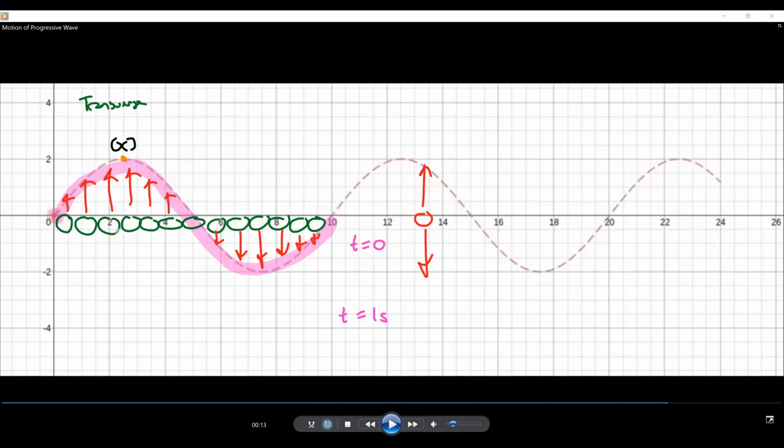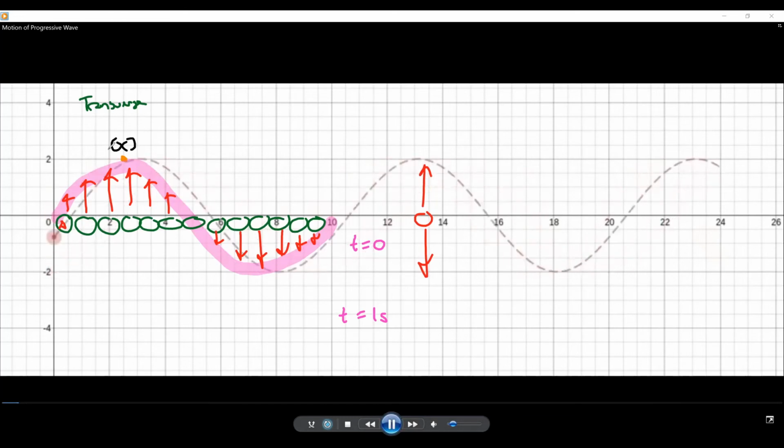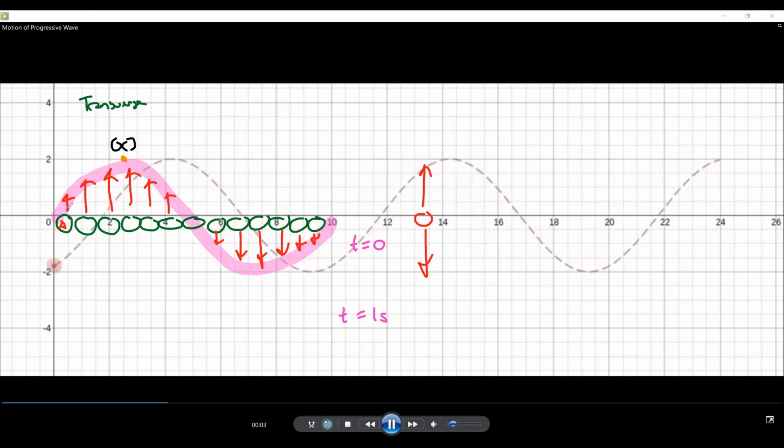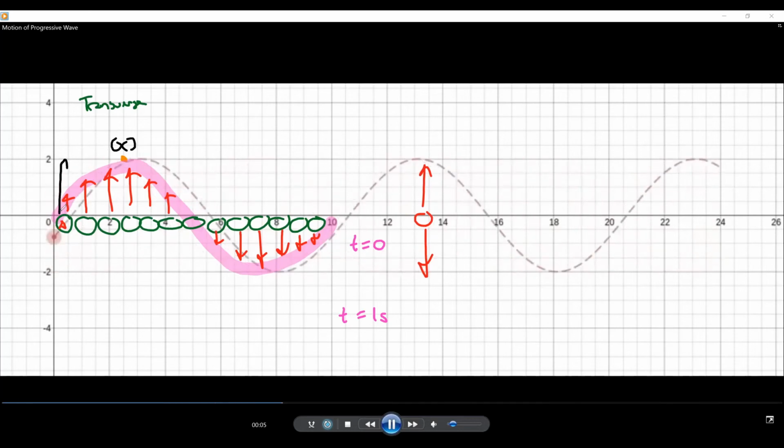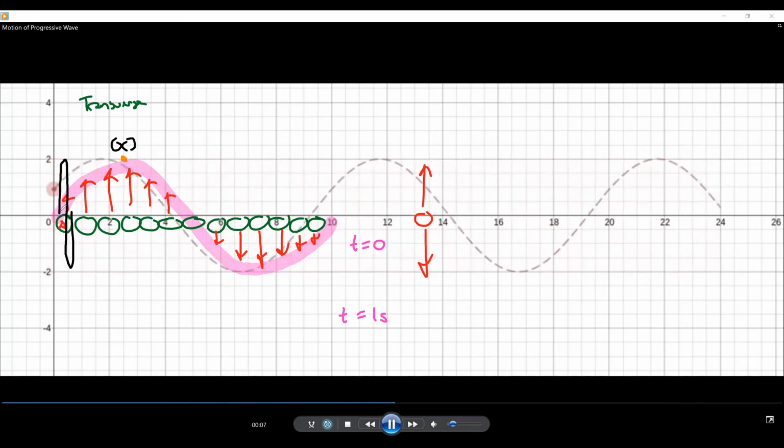Okay, now all these particles, when they oscillate up and down, they would have the same period. What do I mean by that is this. You see, let's just say I label particle A for you, you will see that particle A just goes up, down, and then up.